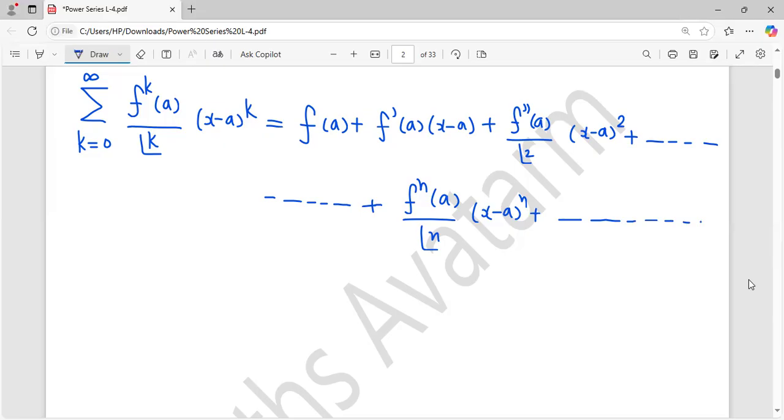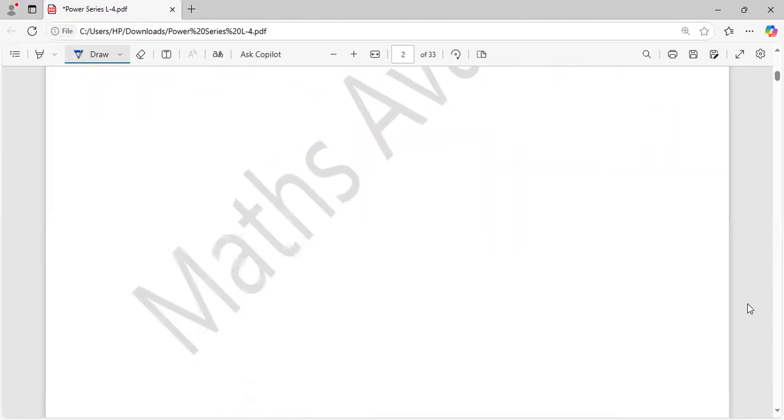So this is the definition of Taylor series. This series is called Taylor series.